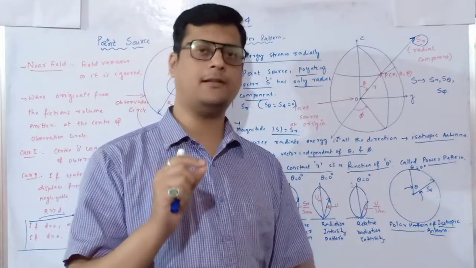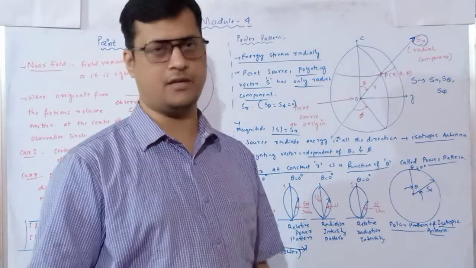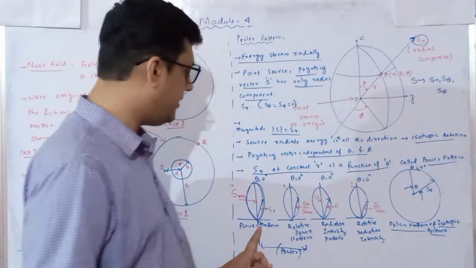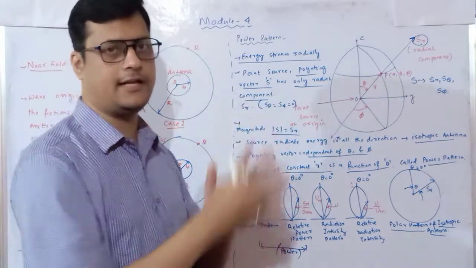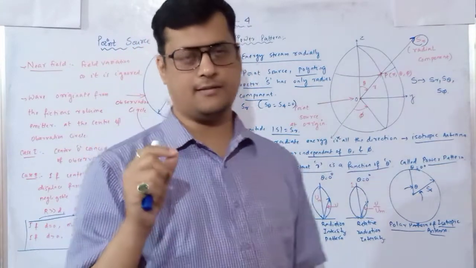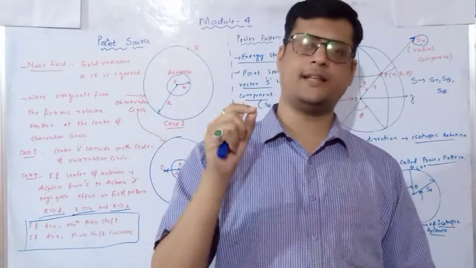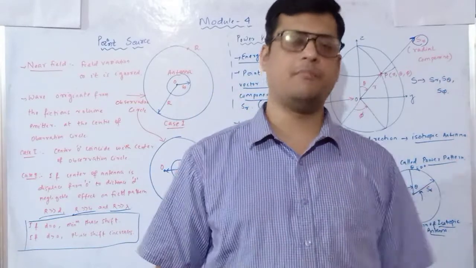For a point source projecting the energy in a certain direction, maximum. So this radiating element is projecting the maximum energy in a certain direction. Always remember that in a certain direction its energy will be maximum.